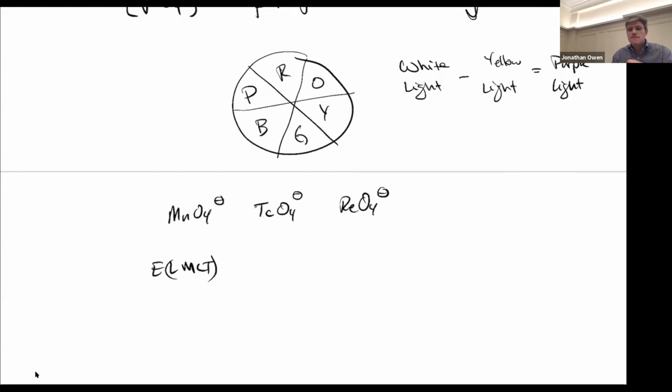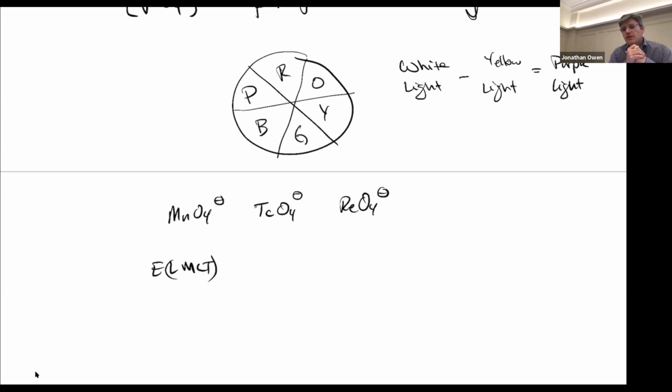You need to know whether or not rhenium or manganese is more easily reduced. Manganese is the most powerful oxidant in that set, rhenium the least.